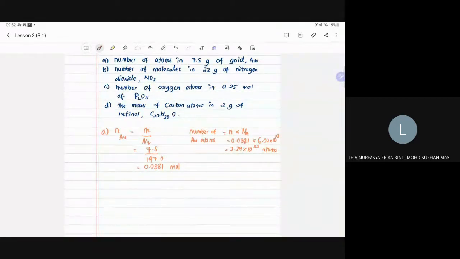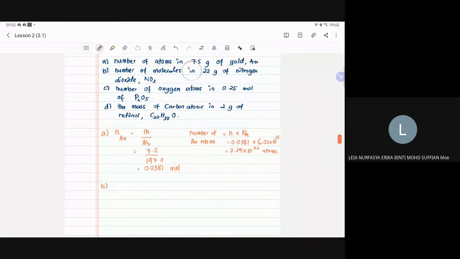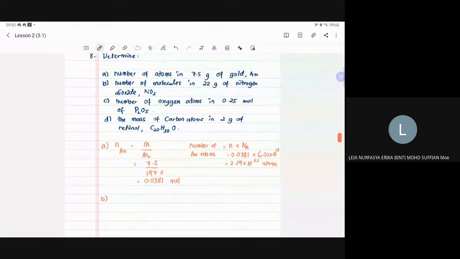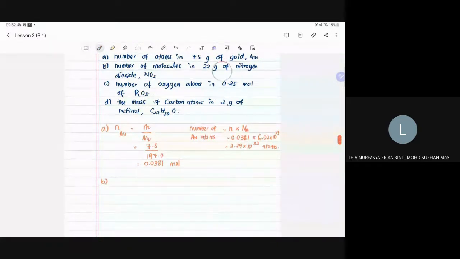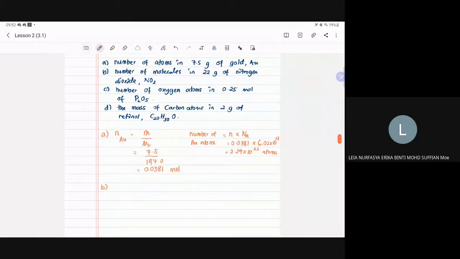Now for the next question, question B pula. Number of molecules in 22 grams of nitrogen dioxide, NO2. Okay. So again, from here we want to find the number of molecules. We have to change it to number of mole first.